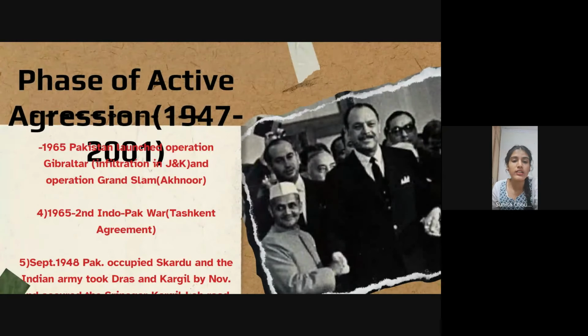Then the second Indo-Pak war happened in 1965, and it ended with the Tashkent Agreement because the United Nations forum announced a ceasefire in the region. So this war also ended in stalemate. After that, in September 1948, Pakistan occupied Skardu. Skardu is strategically very important because it is located in the disputed area of Gilgit-Baltistan, and it is a crucial town of Gilgit-Baltistan.